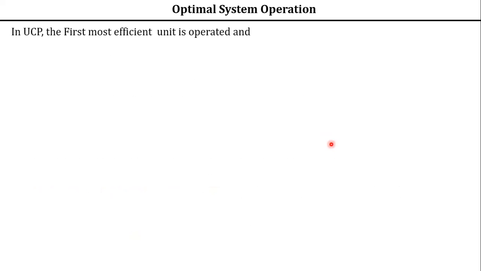First, in the unit commitment problem, UCP, the most efficient unit must be operated. Out of the 8 units in Raichur thermal power station, which unit is most efficient? Most efficient means the efficiency should be high at minimum generating cost.